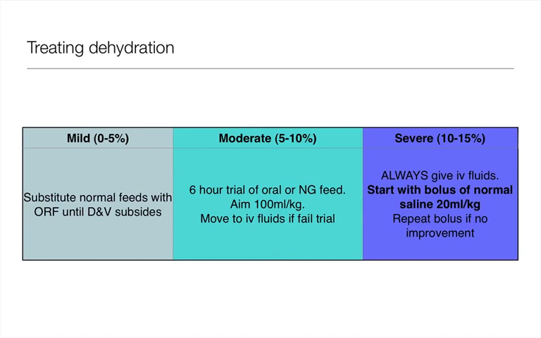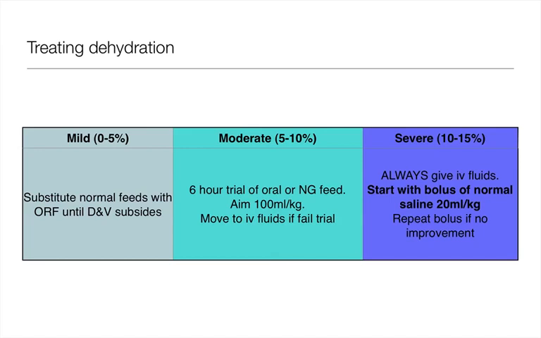So treating dehydration. And this is where that table becomes important, when you've classified whether the child is mildly, moderately or severely dehydrated, because there's different management for each category. If they're mildly dehydrated, then you just need to substitute normal feeds with the oral rehydration fluid until their diarrhea or vomiting subsides.